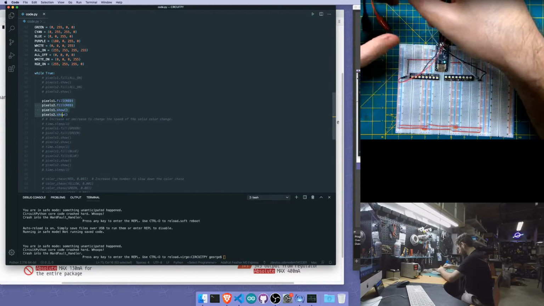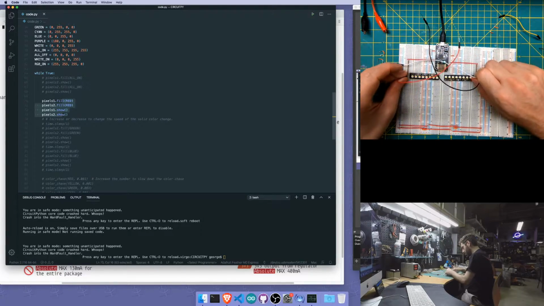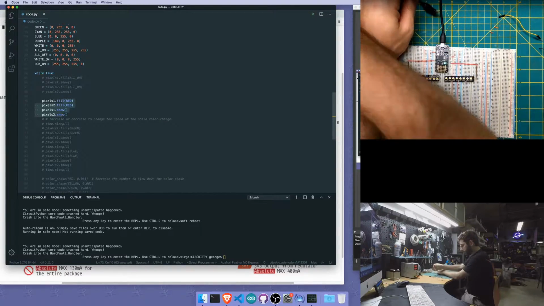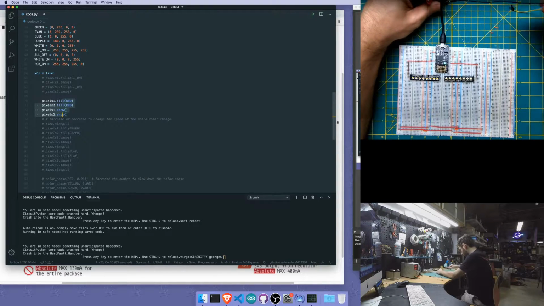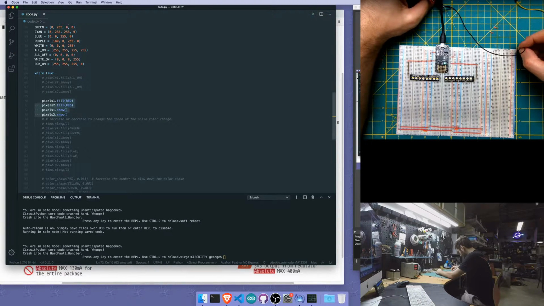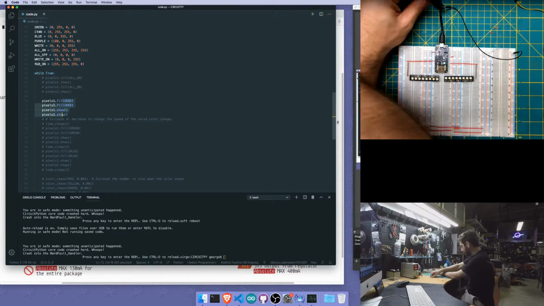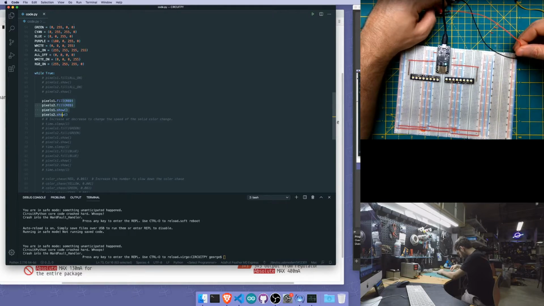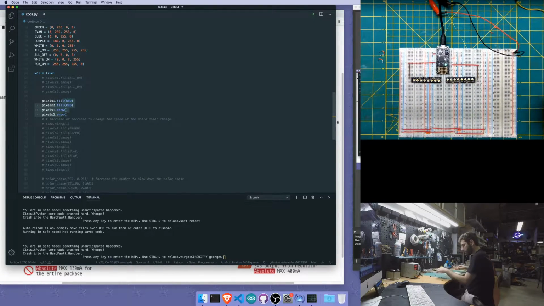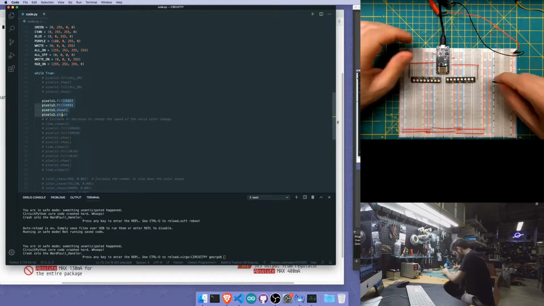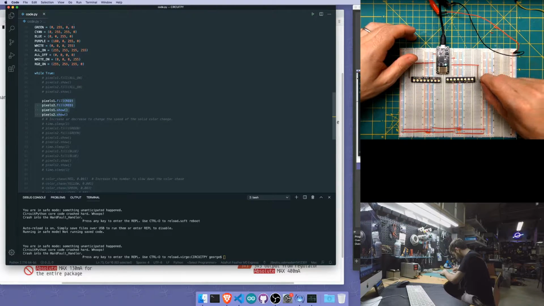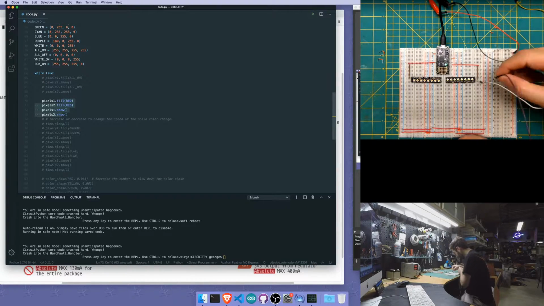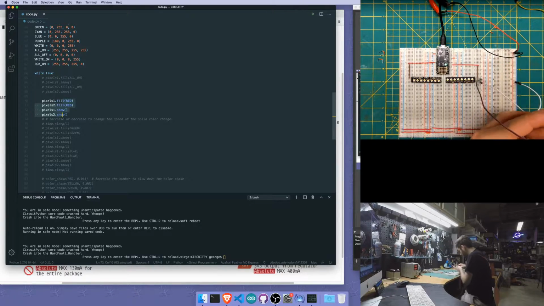Let me wire up, like I said before, some different rails here. Okay. So these rails on the right side will be power supply powered. And here to here. And power to power.